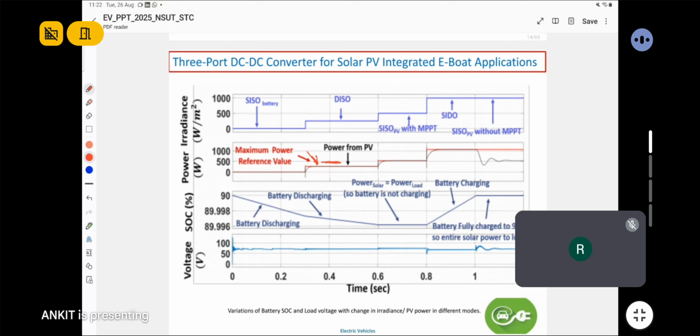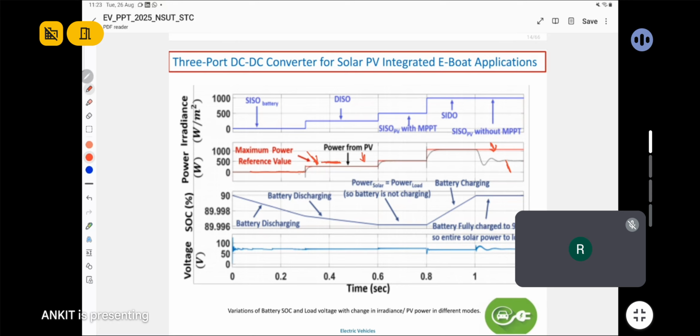Initially, this is the irradiance variation. Zero irradiance means there is no solar PV power generation. This is the reference solar power, and this is the generated solar power.